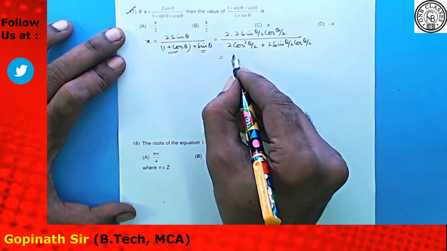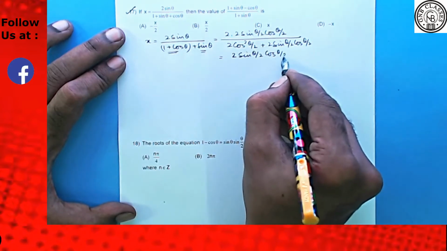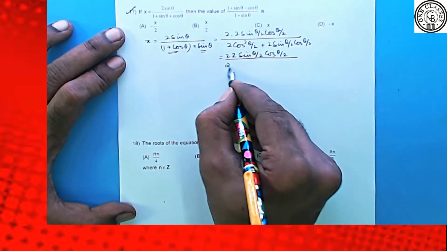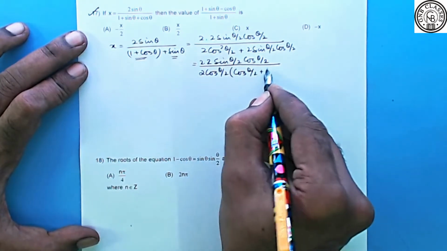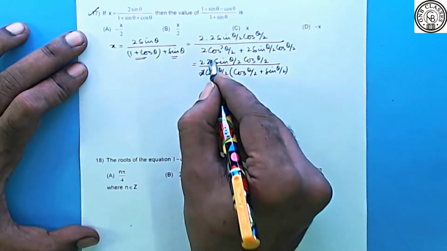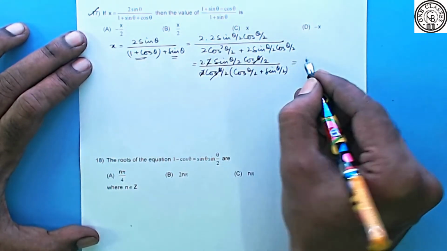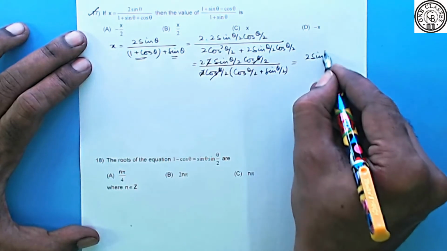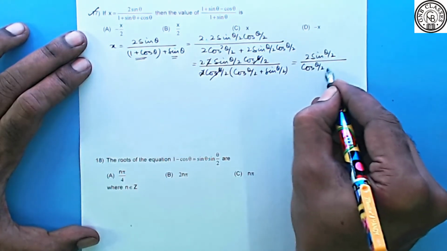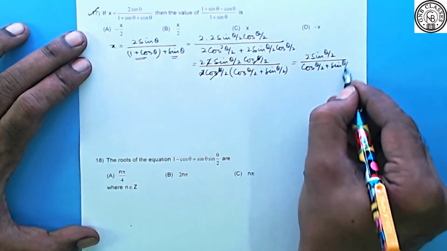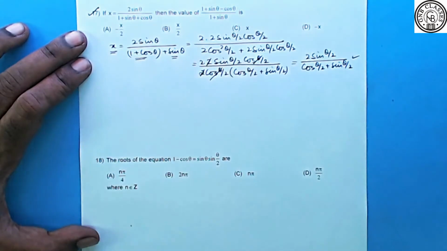So, if I take two cos theta by 2 common, so we are left with cos theta by 2, cos theta by 2 goes off. So we are left with 2 sin theta by 2 by cos theta by 2 plus sin theta by 2. Therefore, your x is nothing but this one.